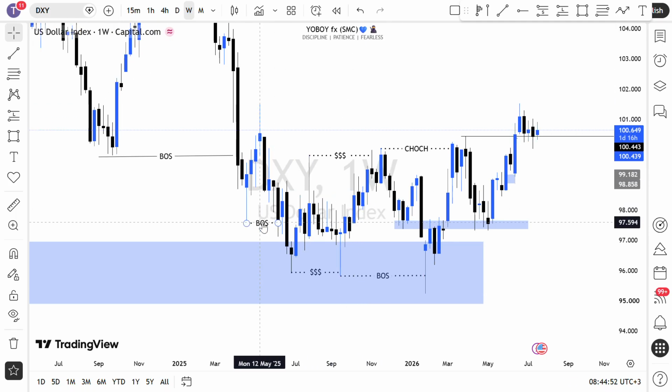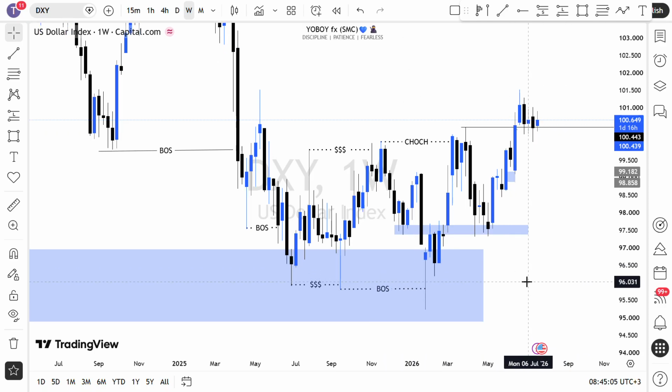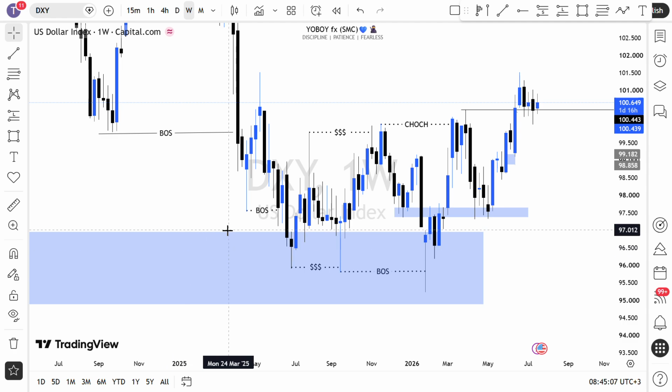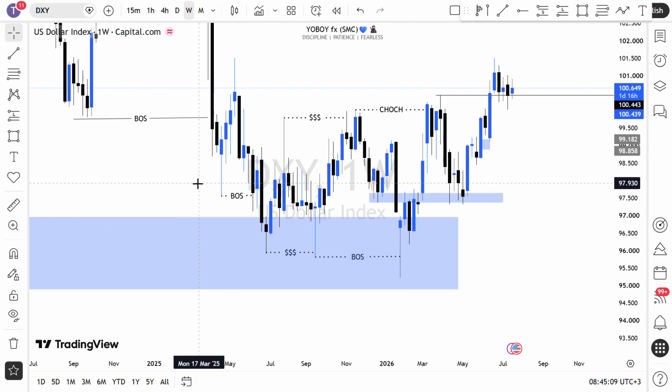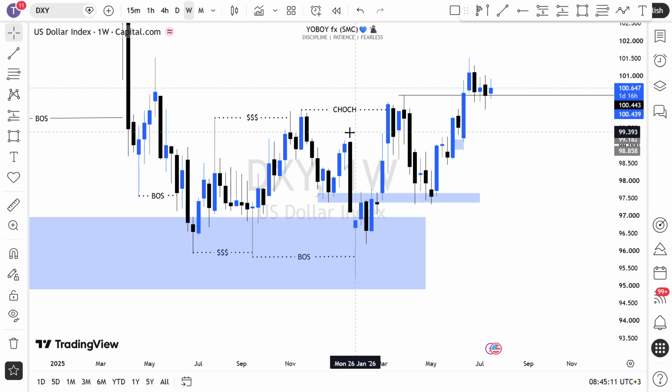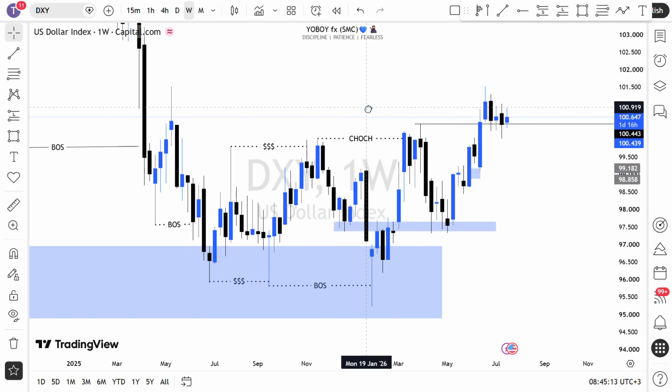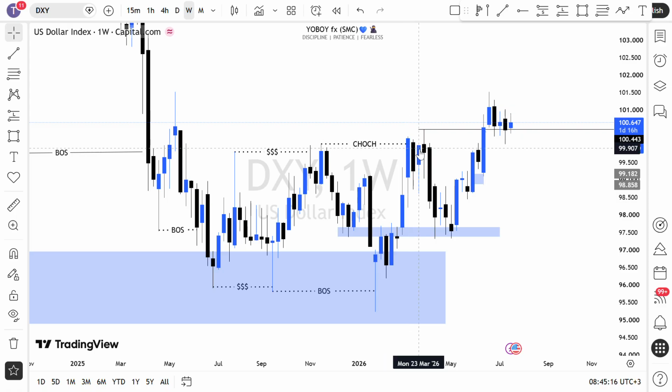After price gave this break of structure, we can see clearly price retraced, taking out all these liquidities, sweeping all of these liquidities that were lying downside here inside this order block that we have marked from a monthly time frame. So initially, right now we have this change of character, market structure shift, meaning that we have shifted the market from a short-term sell into a long-term sell now.